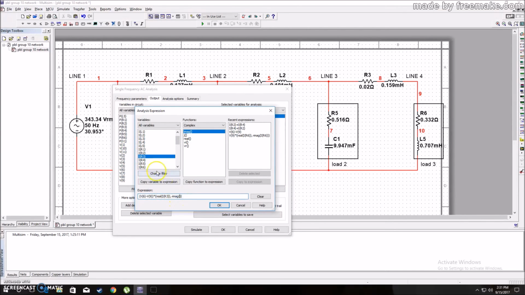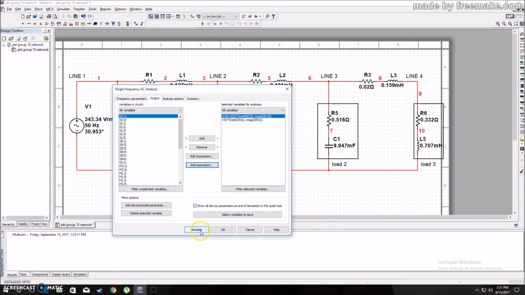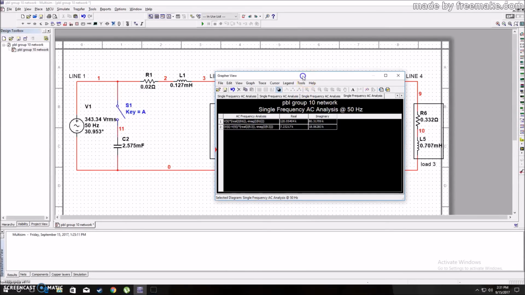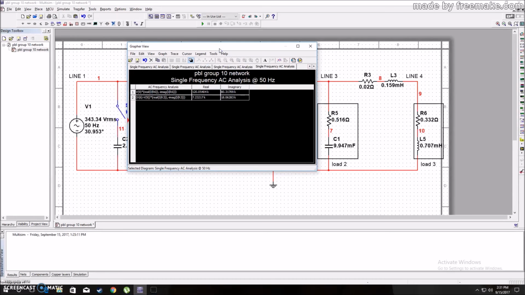So the imaginary also will use the IR3, and then we can simulate. Okay, so this is the apparent power that is dissipated at transmission line 3 to 4, and the real value is the true power, and the imaginary value is the reactive power.